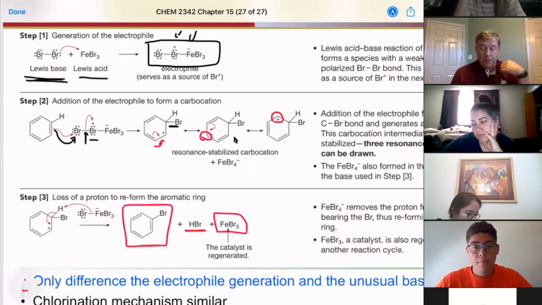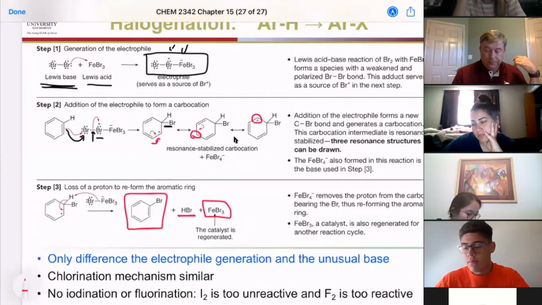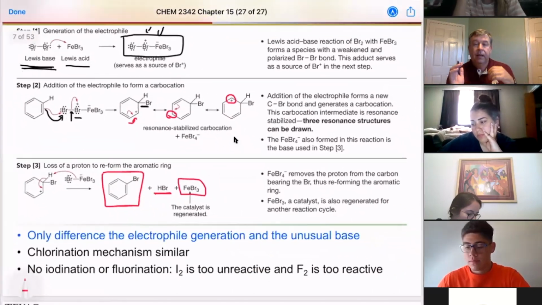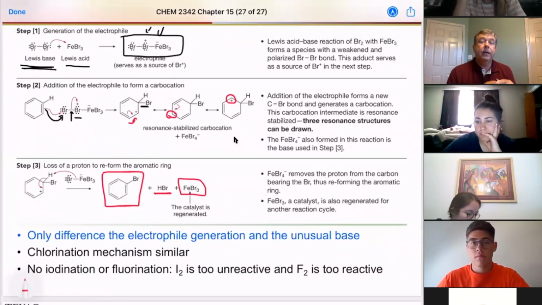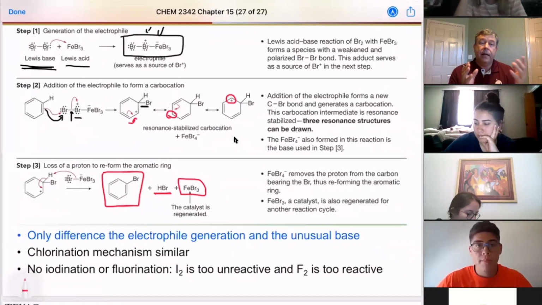So the idea here is that we have to make that Lewis acid, Lewis base complex to make the electrophile. Once we make the electrophile, the benzene does all the work, and then we have to have that Lewis base come in and pull that hydrogen off to re-aromatize.